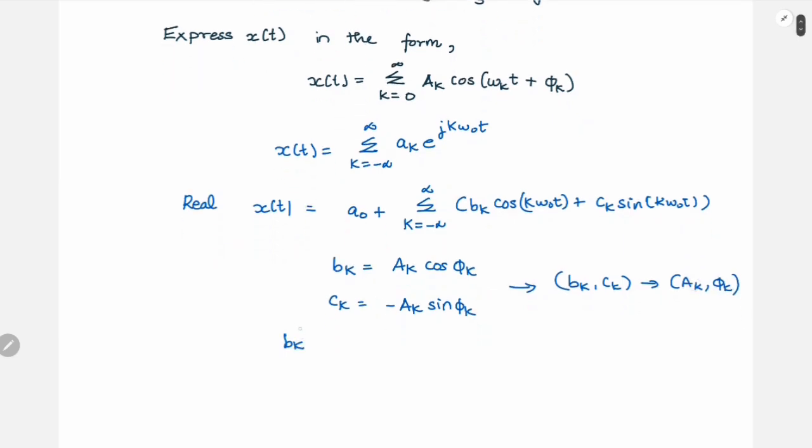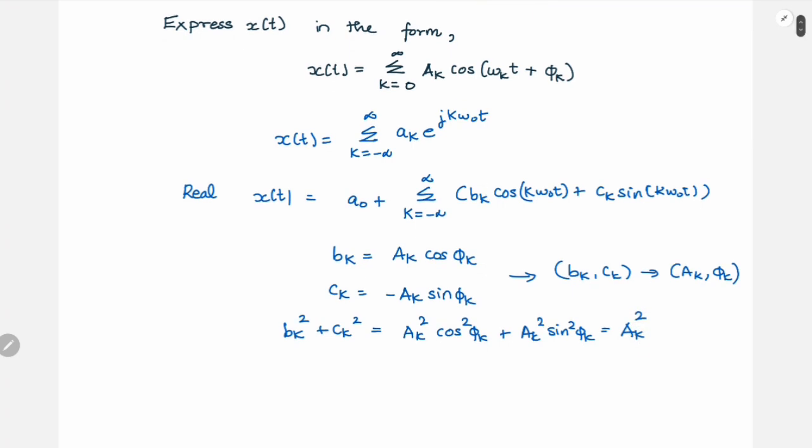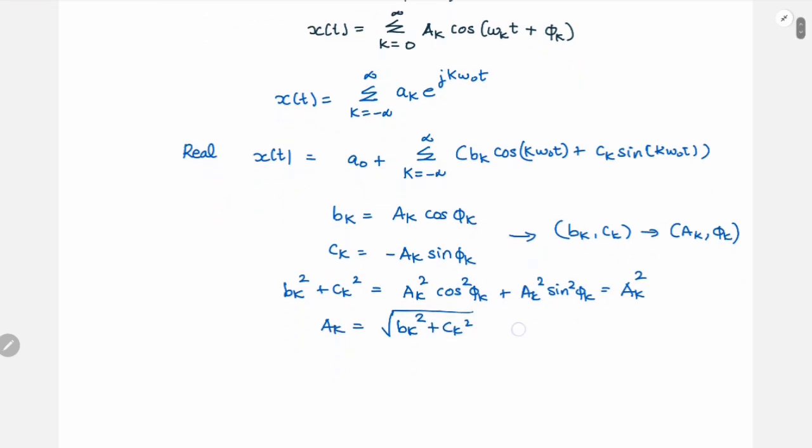If you take the square of both, these both are real coefficients, then you will have ak square cos square phi k plus ak square sin square phi k. This is nothing but ak square into cos square plus sin square, which is equal to ak square. So we can write ak is nothing but root of bk square plus ck square.